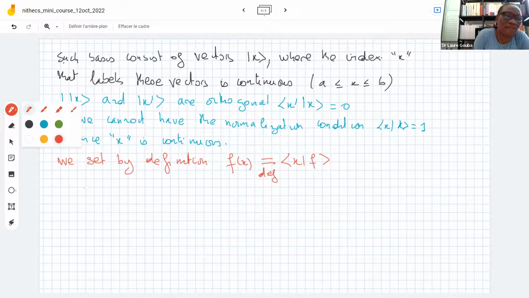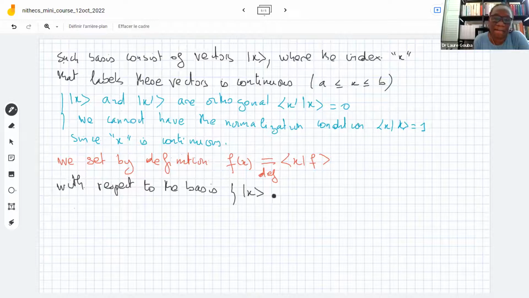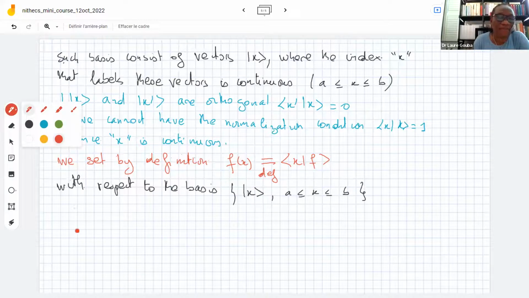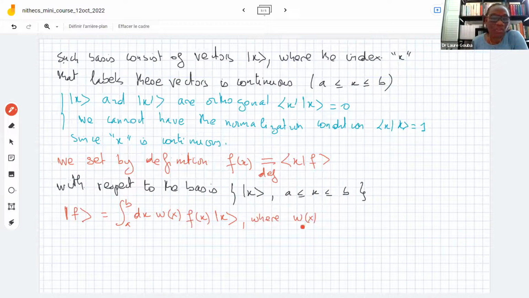With respect to this basis, the abstract vector f can be written in terms of the basis element and its component as follows: the integral from a to b of dx w(x) f(x) |x⟩, where w(x) is called the weight function.